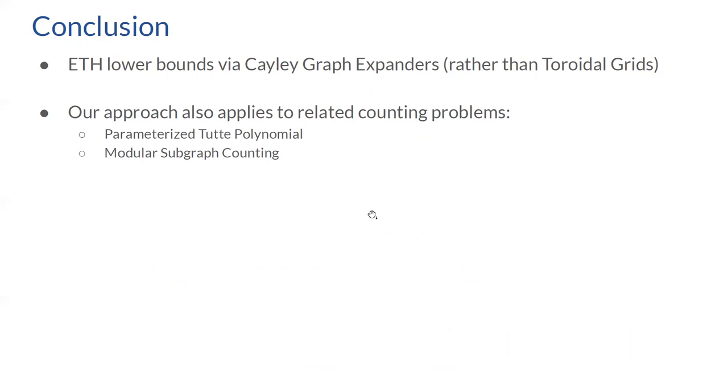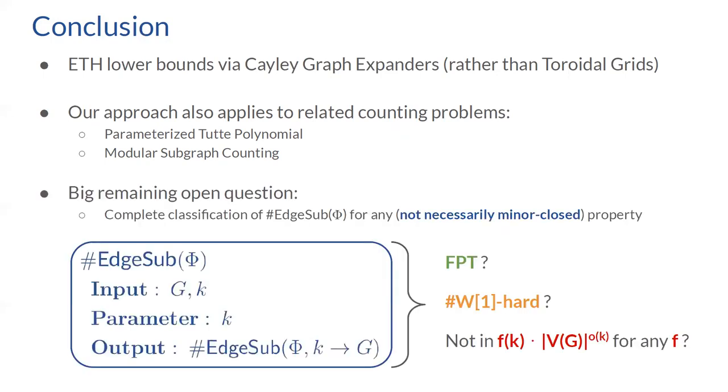Our approach does not only apply to counting k-edge subgraphs that satisfy a property, but also to related counting problems. For example, we analyzed a parameterized variant of the Tutte polynomial to which it applied. And by now, we also know that it applies to the problem of modular subgraph counting. And then the big remaining open question is, of course, whether we can find a complete classification of this family of problems for any property phi.